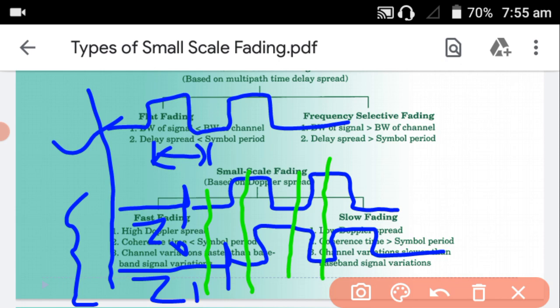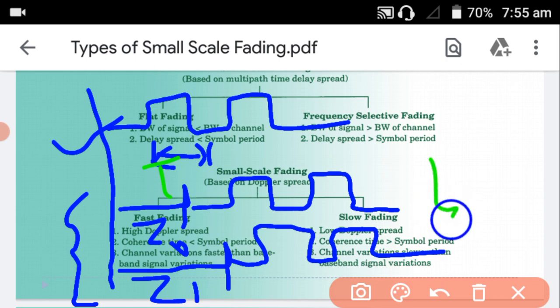So there is a full chance for the delay. Here the delay spread, in the flat fading case, the Z0 value is too low. This is the symbol period T. So the symbol period T is greater than the delay spread in the case of flat fading.